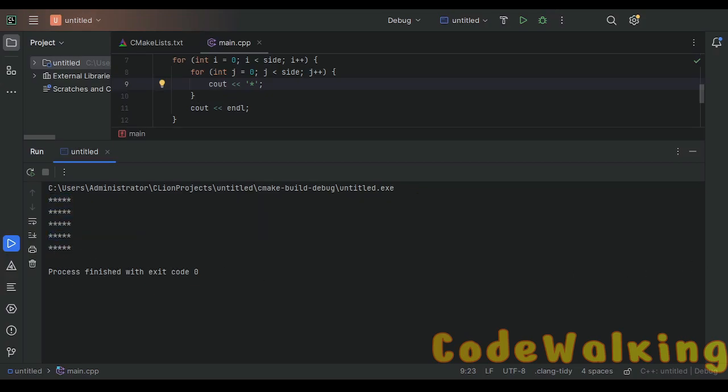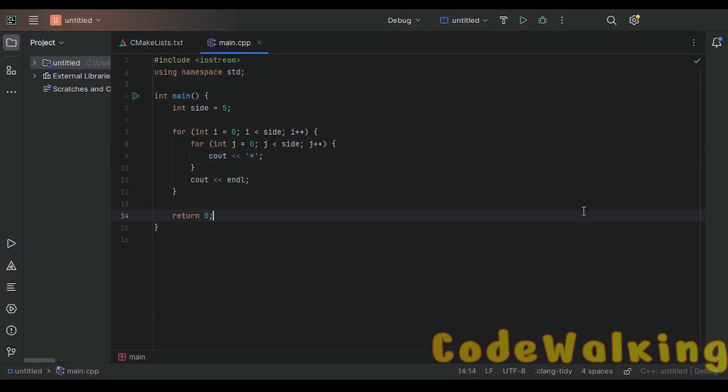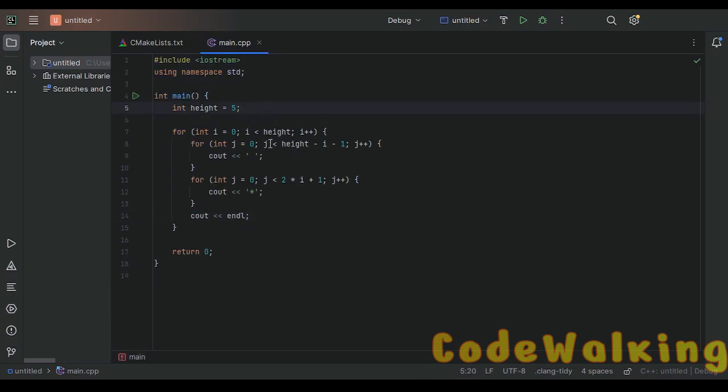Okay, so after that, let's make a triangle. Okay, so now we have something a bit more complex. These are two nested for loops. Okay, we now have an integer height equal to 5, then for loop integer i is equal to 0, i is less than height, i plus plus.